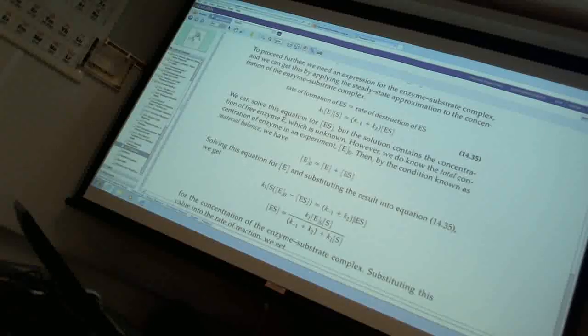Actually, I forgot to factor that out. Let's factor that out: K minus 1 plus K2 times ES. Just factor out the ES from this.